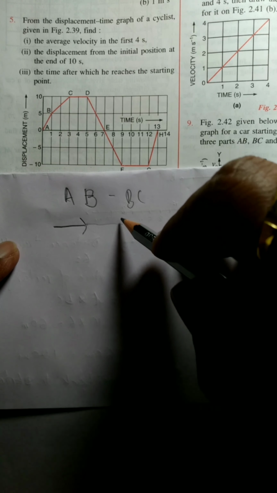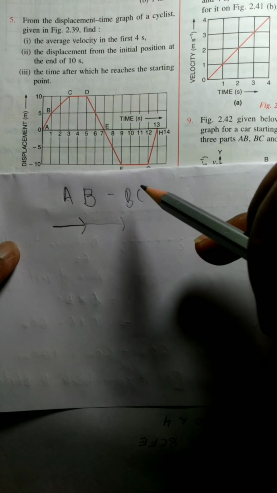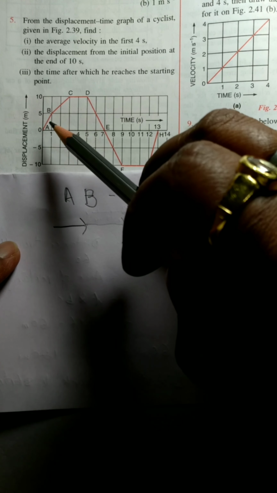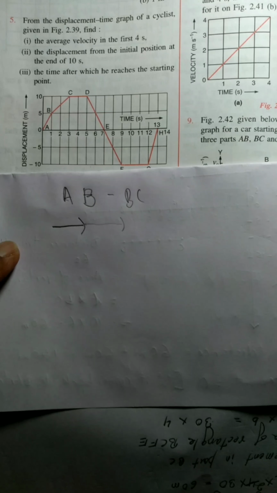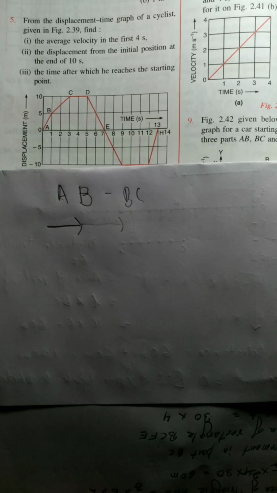It's just moving a little bit slower from portion B to C. How can I say that it is moving slower in the portion BC? Because if you compare the slopes of this portion and this portion, it has a steeper slope. A steeper slope on a displacement time graph means the velocity is more.